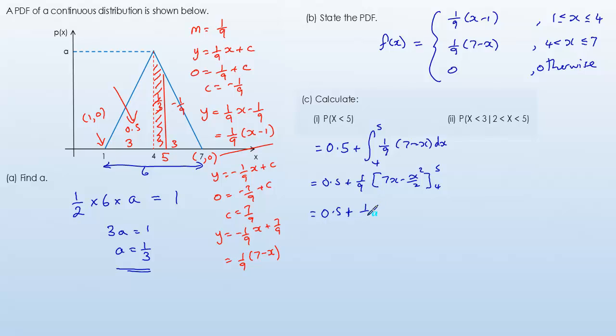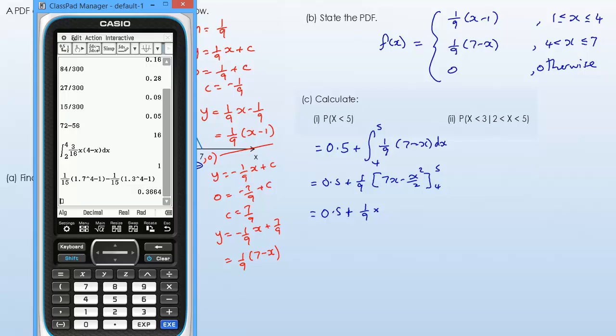So that's going to be 1/9 multiplied by, let's use the calculator for this. So let's clear everything. So we know that's going to be 7 times 5, take away 25 over 2, take away 7 times 4, 28, take away 16 over 2, which is just 8.